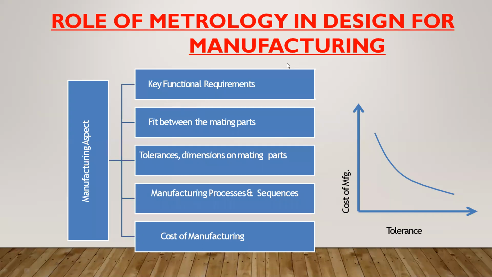If the tolerance is high, the cost of manufacturing is also very high. But if the tolerance decreases, the cost of manufacturing also decreases. So you can see it in the graphical representation. So the cost of manufacturing decreases with the tolerance. So this is the basic graphical structure.